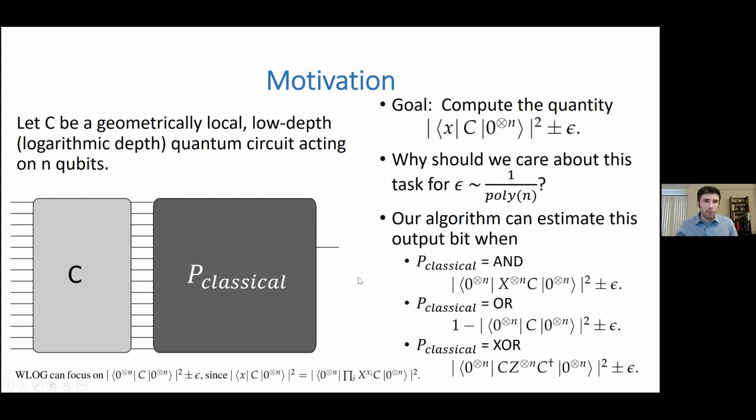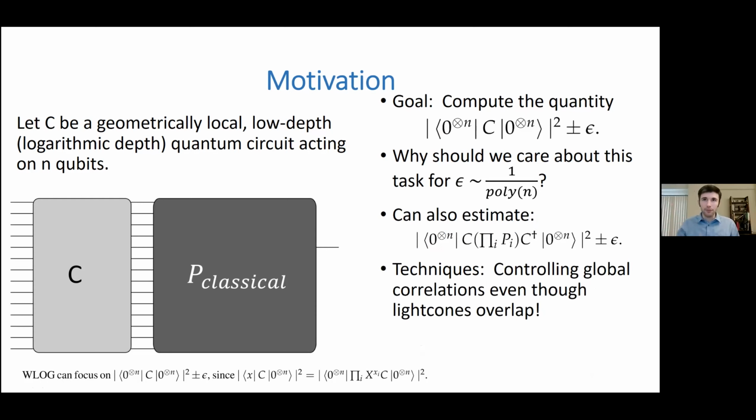This line down at the bottom of the slide just states why all of these problems can be solved, and actually the original problem can be solved. We can, without loss of generality, reduce to just estimating the output probability of the all zeros string, because the output probability of any other string can be computed that way by just absorbing that string into the low depth circuit.